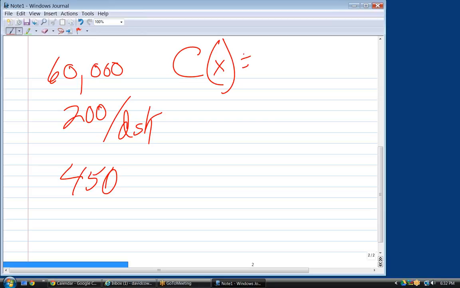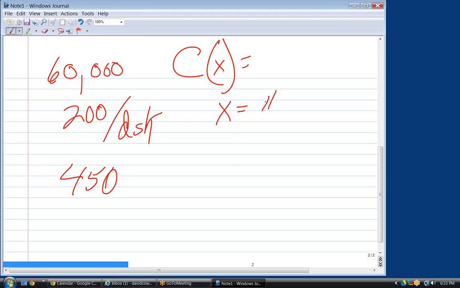What's our variable going to be? Would it be 60,000 plus 200x? No, let's start with what our variable means. C of x means my variable is going to be x, but what is x? Desks.